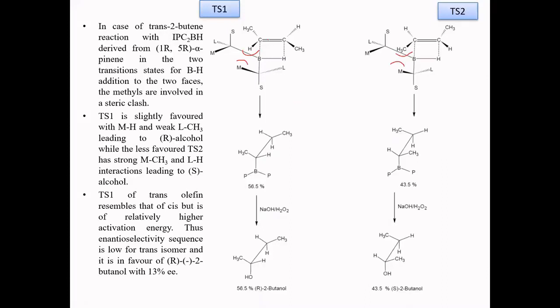So there are two ways possible. Either this proton will be towards this, or this methyl is away, or we can say methyl is towards this and proton is away. This is your trans alkene only, but it can also approach the reagent in two different ways. So now in these two approaches, again imagine you're standing here, you're looking at the molecule, the methyl group is on my right side, proton is on my left side.